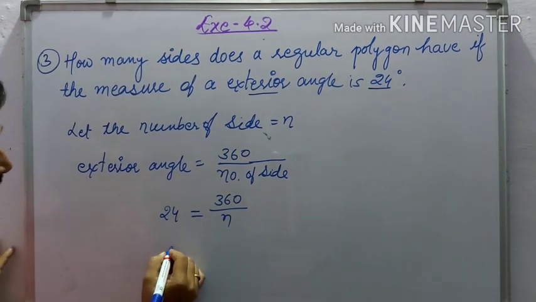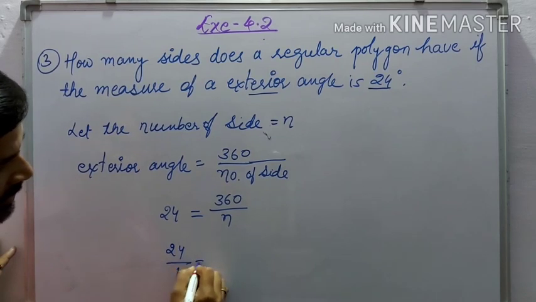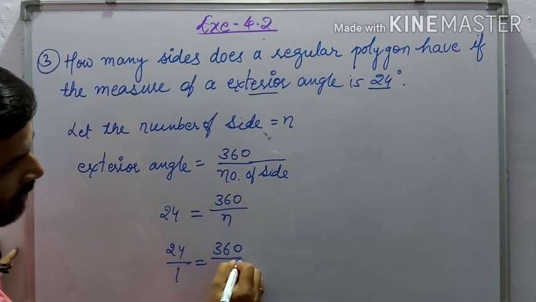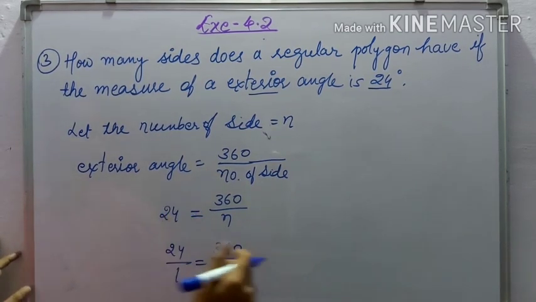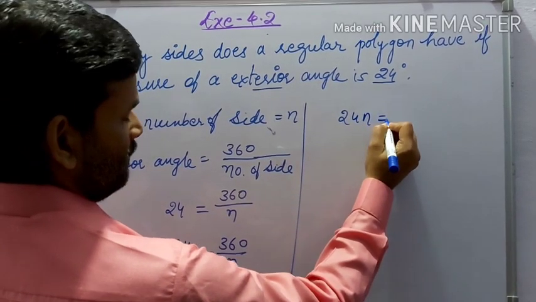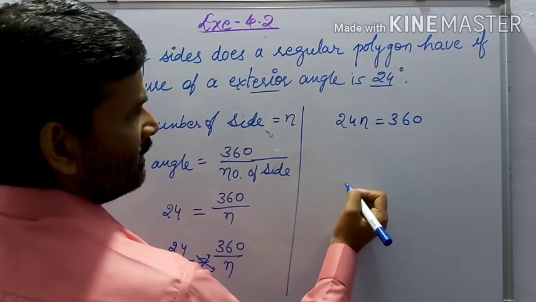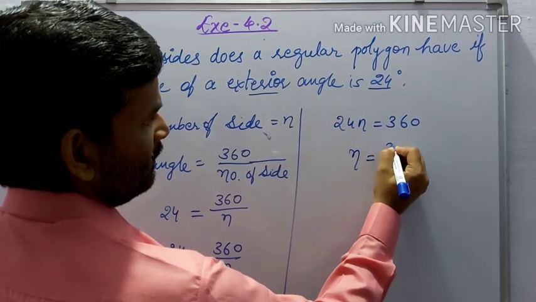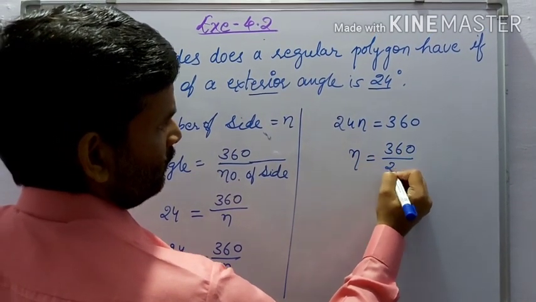Now 24 upon 1 is equal to 360 upon n. Cross multiplication: 24n is equal to 360, n is equal to 360 upon 24.